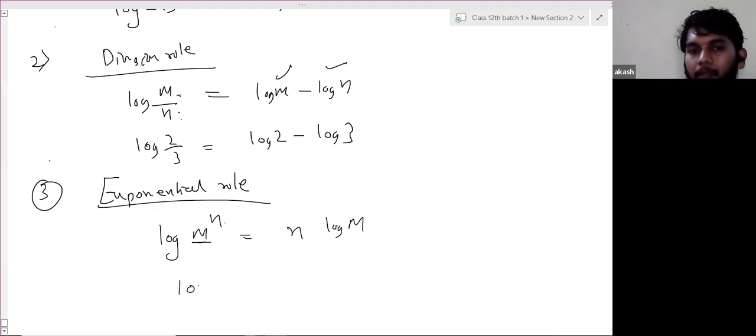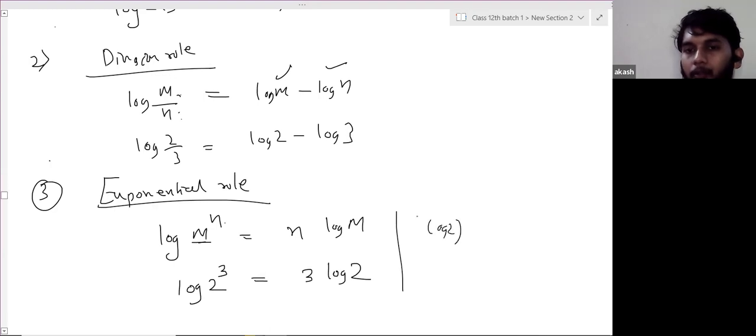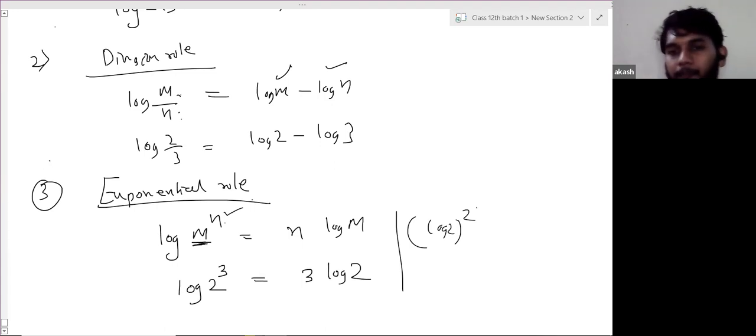For an example, log 2 to the power 3 is equal to 3 log 2. This is clear. And don't confuse this with log 2 whole power 2. This 2 cannot get outside. If the exponent has power, then you can take the power outside.